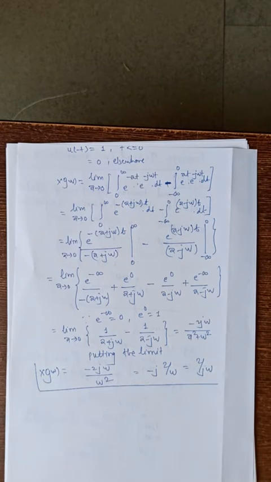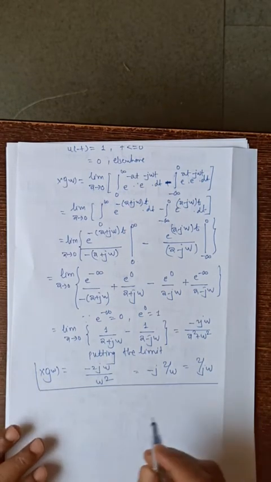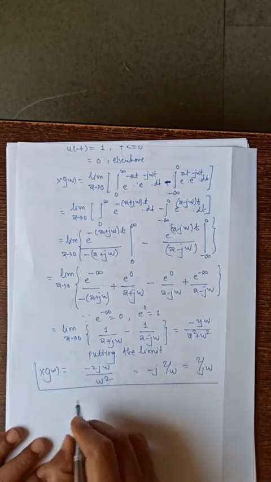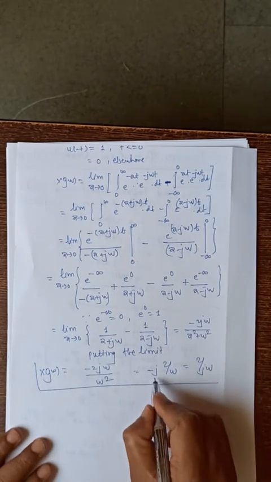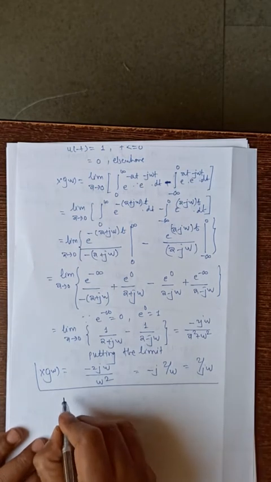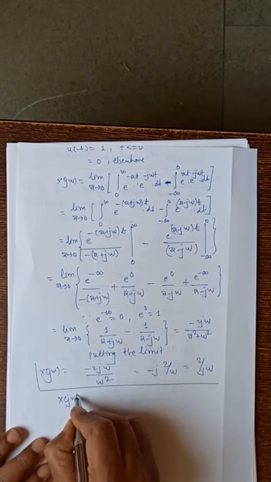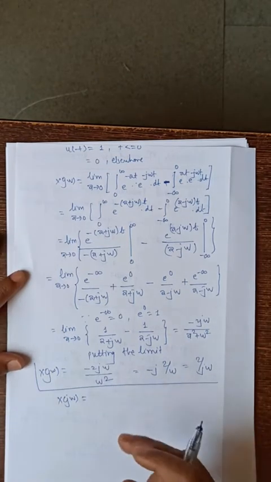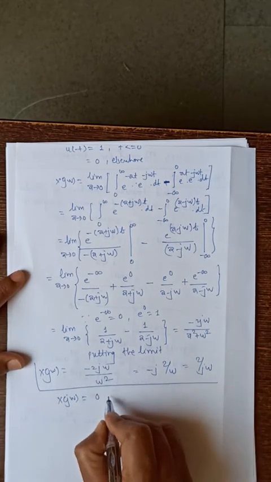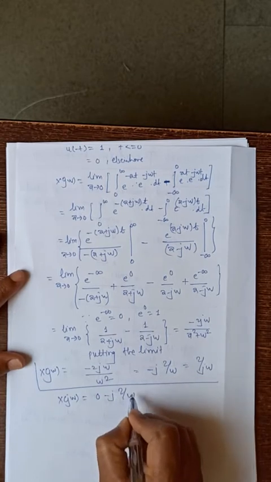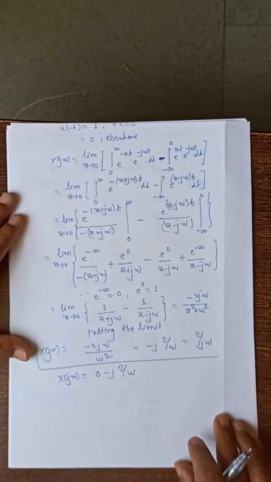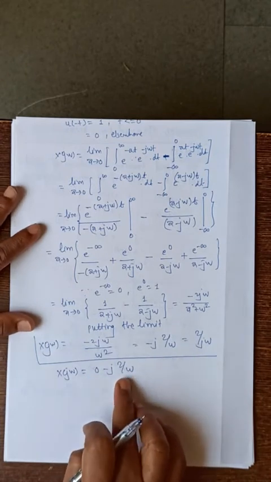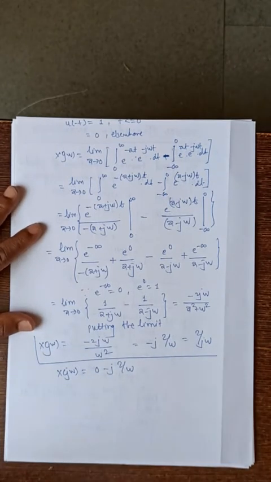Now this is the Fourier transform, and the next step is to find the magnitude spectrum. So we can write X of j omega is equal to 0 minus j 2 upon omega. So the real part is equal to 0 obviously, and this is the imaginary part, right?